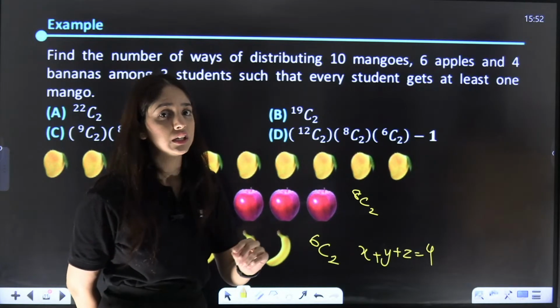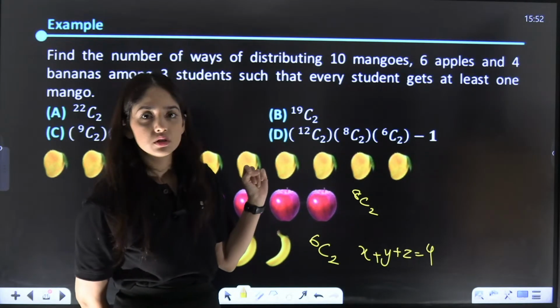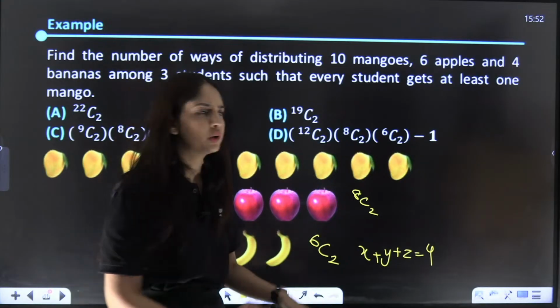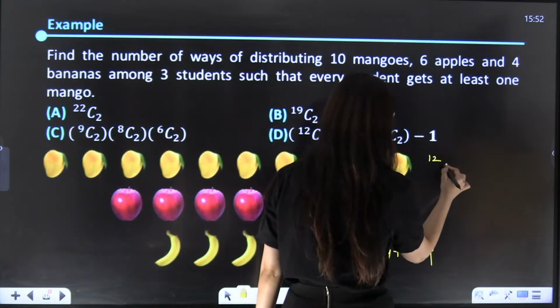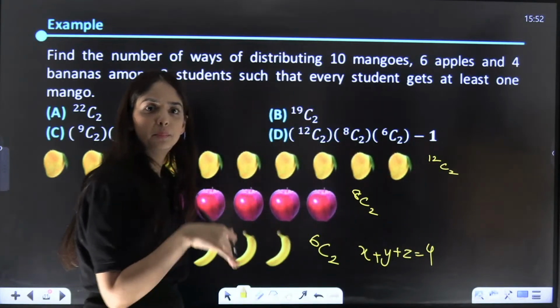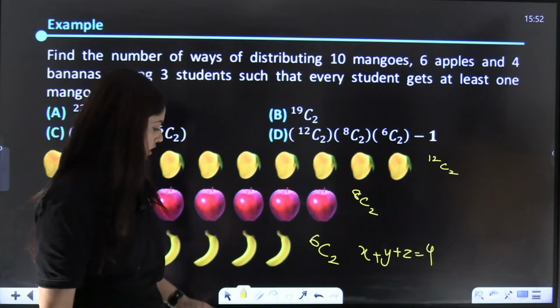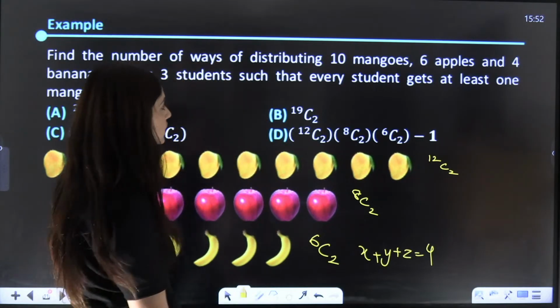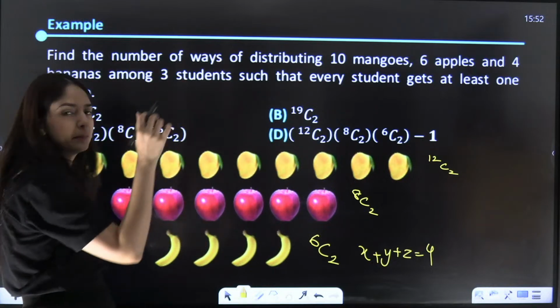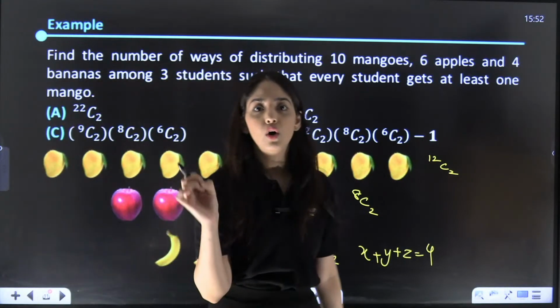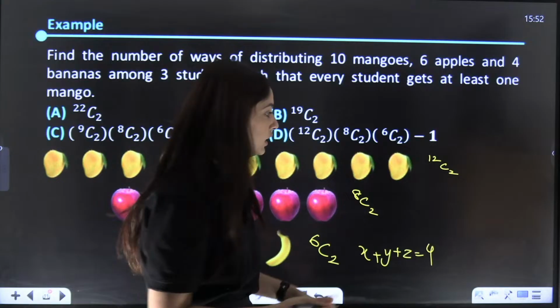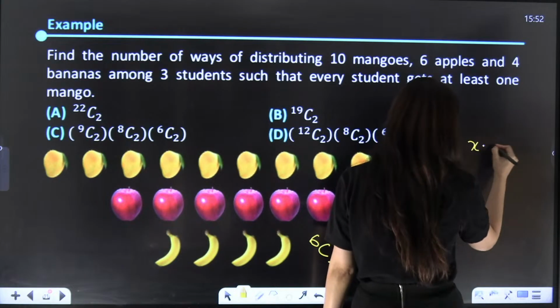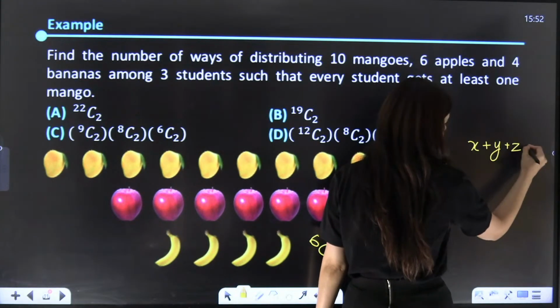Now we have a condition. For mangoes, if there were no condition, we could have directly done 12C2 how we did in the previous question, right? But now what is the condition here? The condition is that at least one mango should be given to all of the 3 students, which means x plus y plus z is equal to 10.